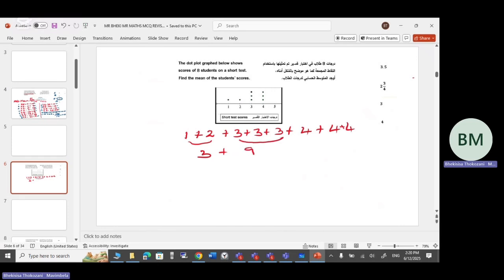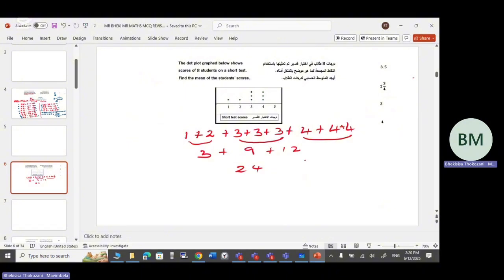This is 9. You can do it any way you like, guys. I'm just doing it the easiest way for myself. And this will be 12. So if I'm adding all of this, this is 3 plus 9 is 12 plus another 12. So will give us 24.